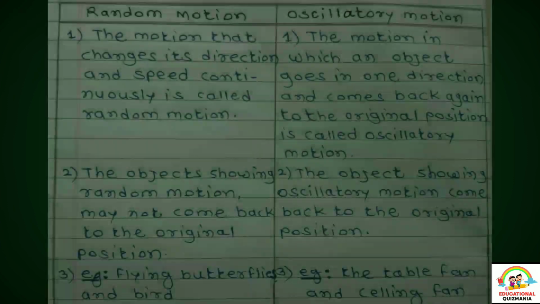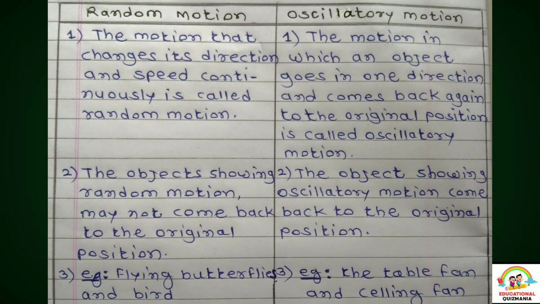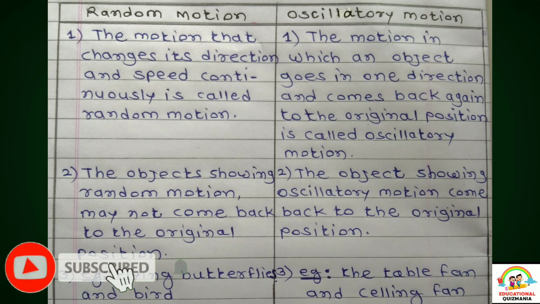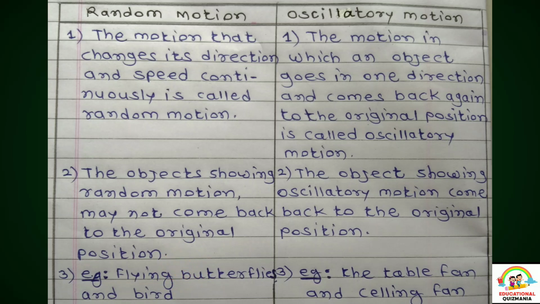C, random motion and oscillatory motion. Answer 1. The motion that changes its direction and speed continuously is called random motion. The motion in which an object goes in one direction and comes back again to the original position is called oscillatory motion. 2.